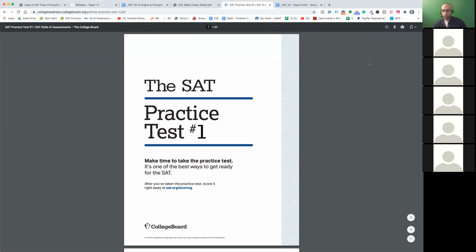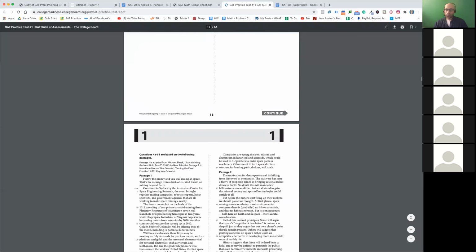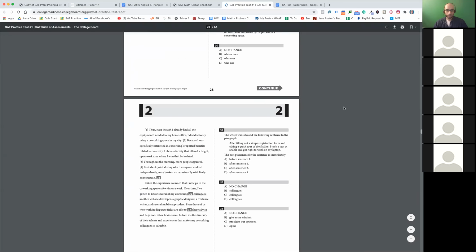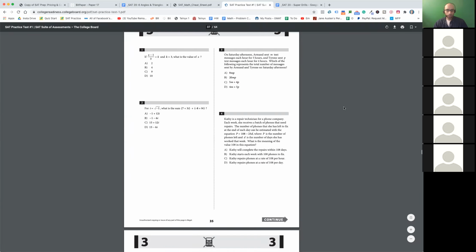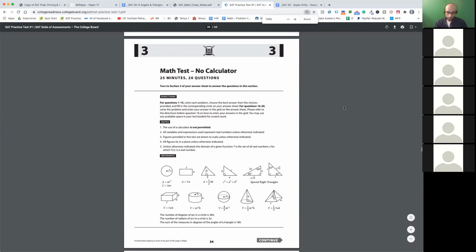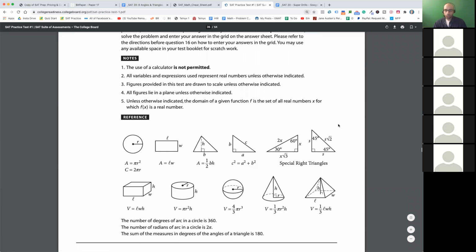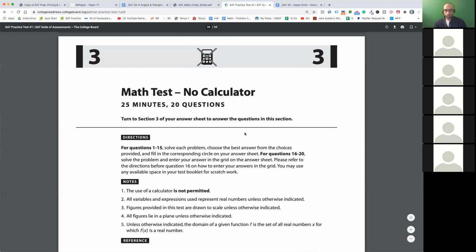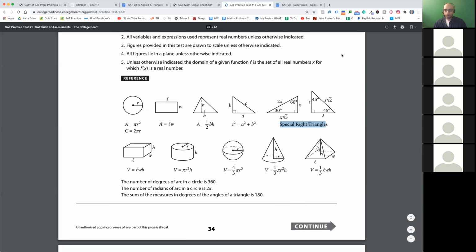I'm going to show you where it is. It's just before the start of section 3. Okay, right over here. So they'll give it to you over here, right? X, 2x, and x square root of 3, right? Special right angle triangles. Okay, math calculator section just at the start of it.